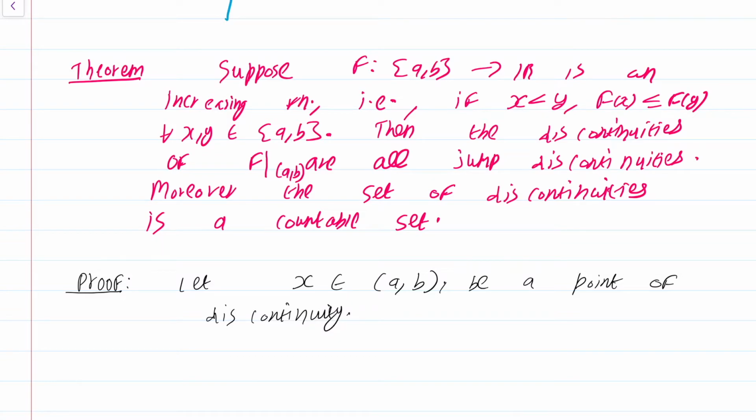Because I have not really defined what the meaning of discontinuities at these endpoints are. So for precision, I am going to just restrict the function f to this open interval (a, b).